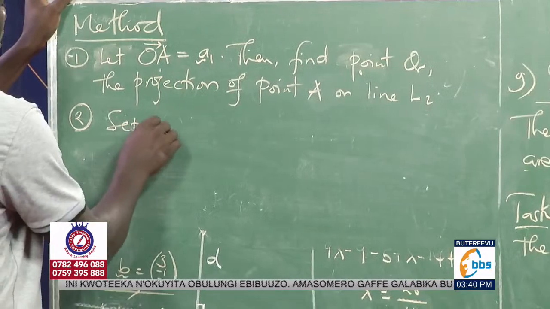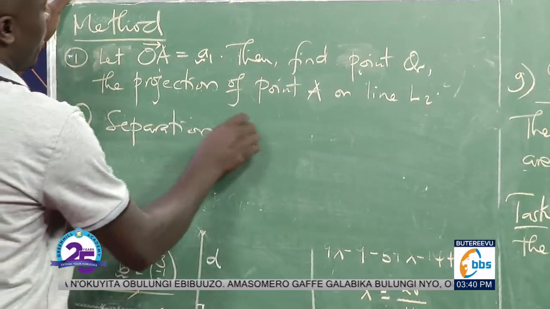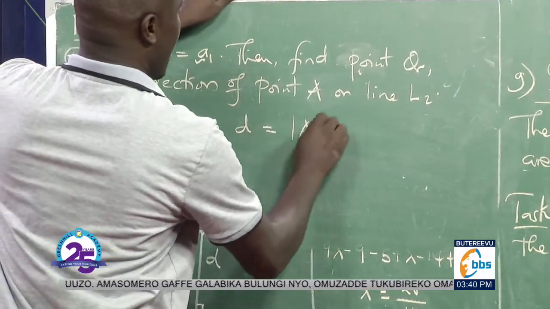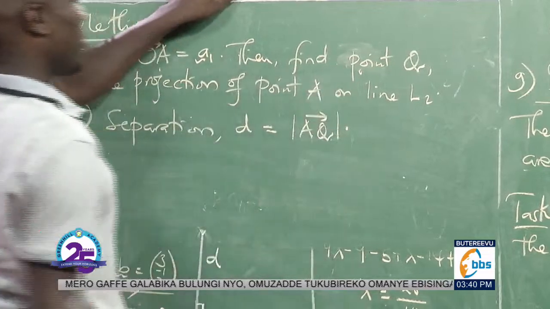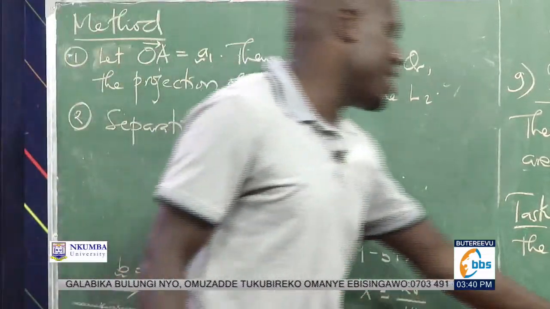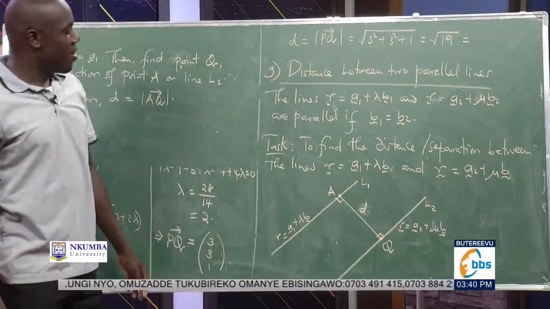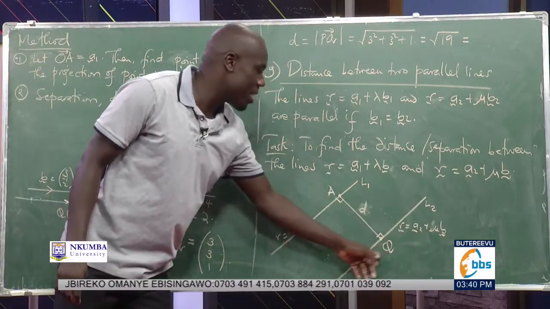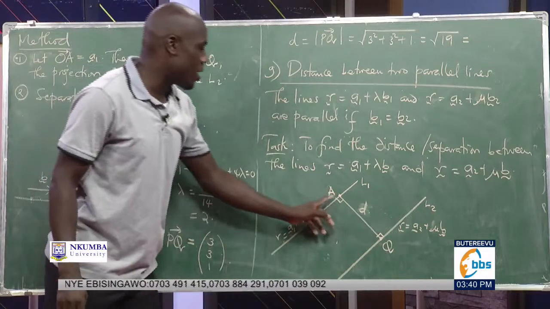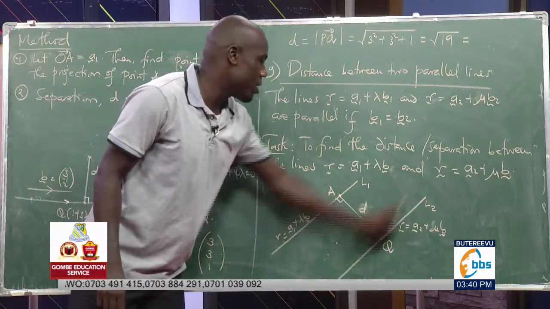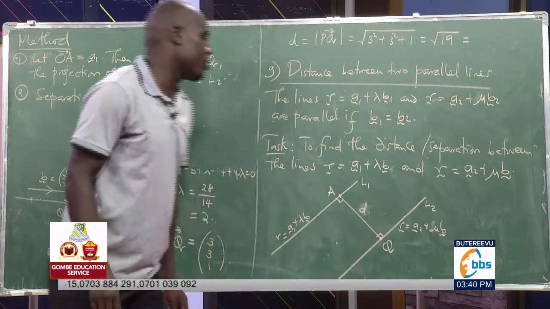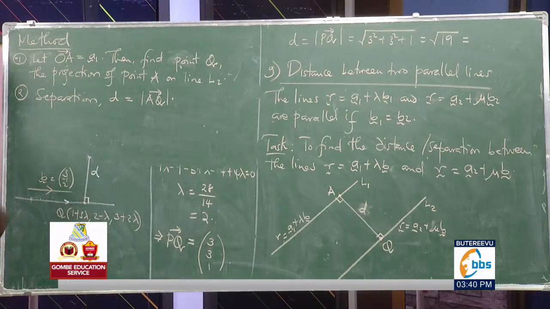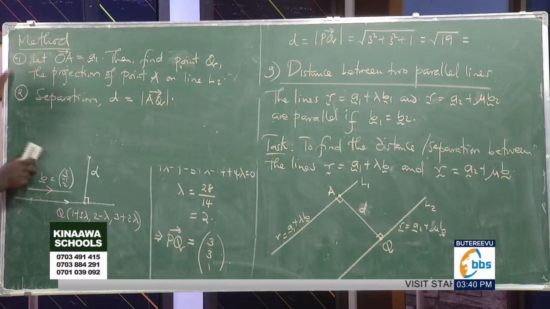So the separation D will be given by the magnitude of the vector AQ. Remember we saw how you find the projection of a point on a line. You write it generally, and then you find the value of mu at that point using AQ dot B equals 0. So that is not very complicated.